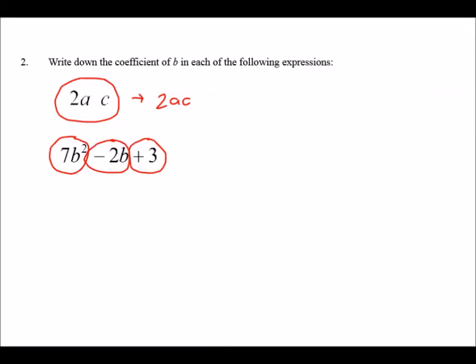I ignore the other 2. They don't even feature in this picture. I get my Topix. I Topix out my b, and what am I left with? I'm left with -2. So the coefficient of b is -2. So here it will be -2.